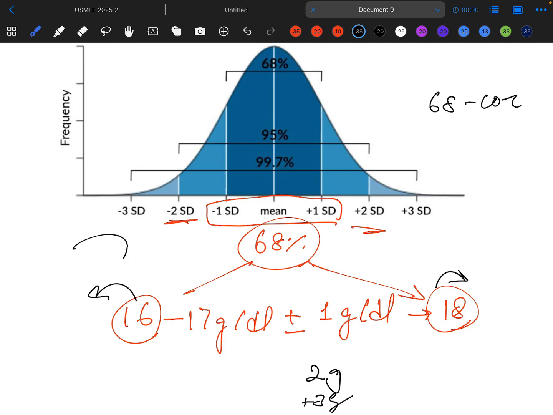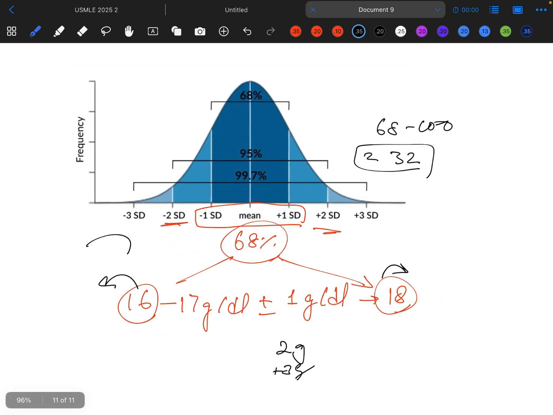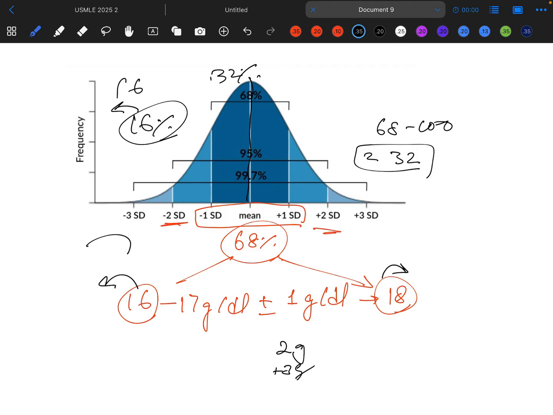Then it will give you the value of 32, understand? So in the normal distribution, if you divide it into two parts, the 32% becomes 16% and 16%. 16% of participants or patients have a value less than 16, and 16% have greater than 18.